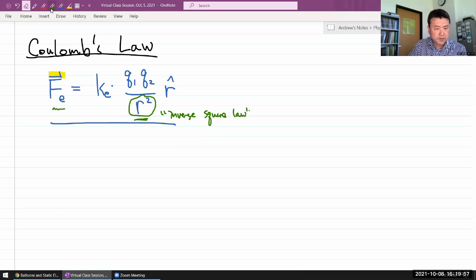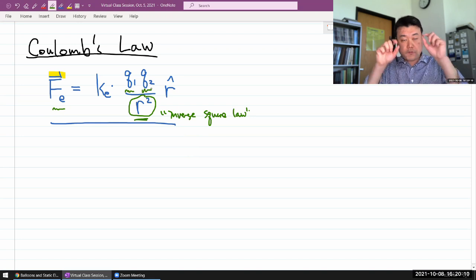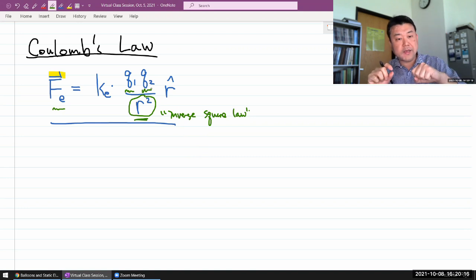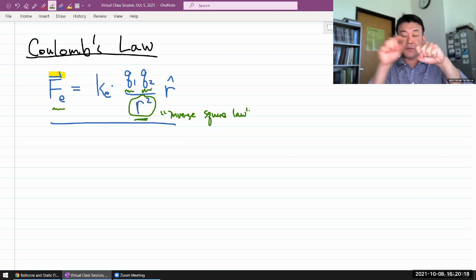It tells you other stuff as well that you might have guessed, even if no one told you: the strength of this force depends on the magnitude of the pair of charges that are interacting. So if even one of the two objects has no charge, then there's no force between them.